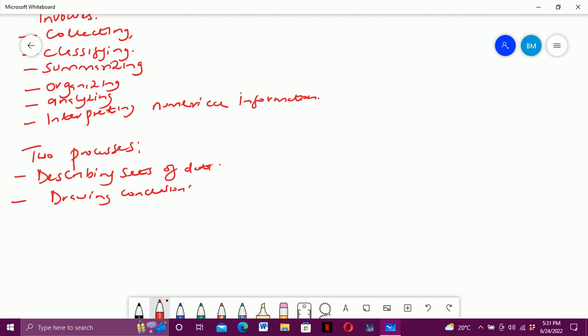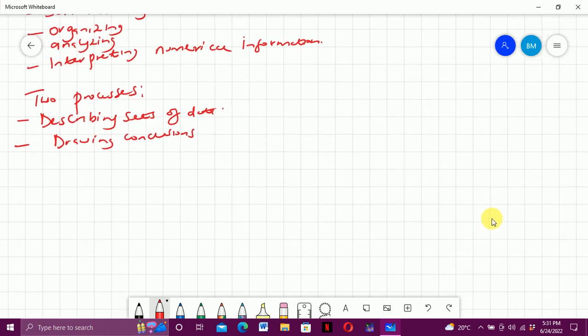Of course, the conclusions are drawn from the data that has been collected, classified, analyzed and interpreted. So statistics also does involve drawing conclusions.